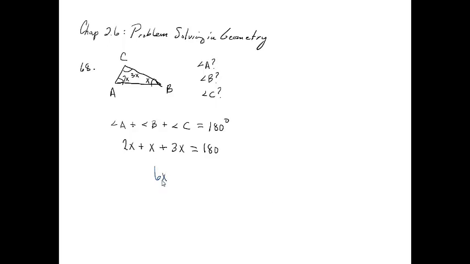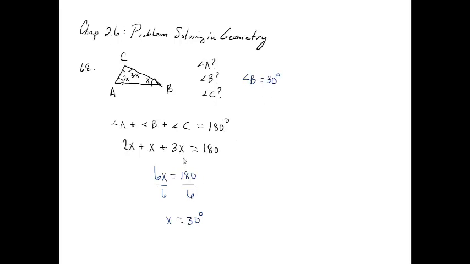So I have 6x equals 180 degrees. Now I still need to solve for x, which means I need to get him all by himself. 6 is multiplying, which means I'm going to divide by 6. And I end up with x equals 30 degrees. Well, who was x? That was angle B. So angle B equals 30 degrees.